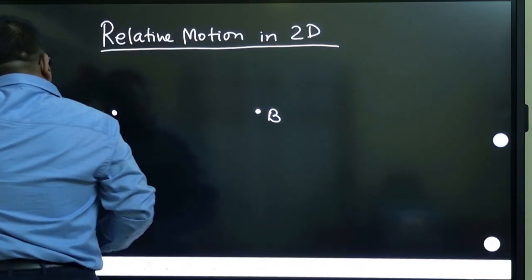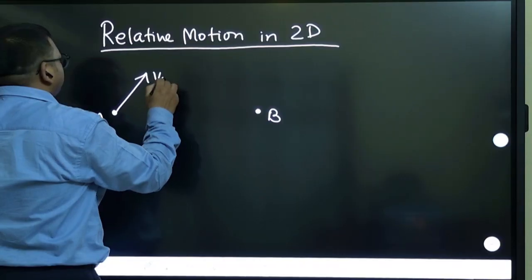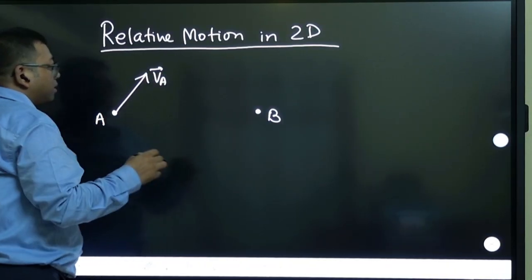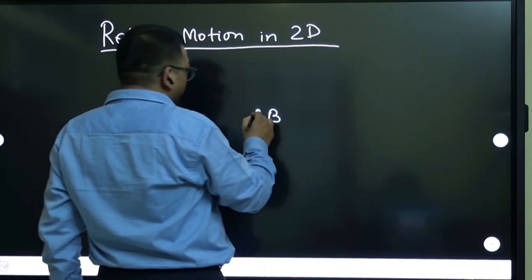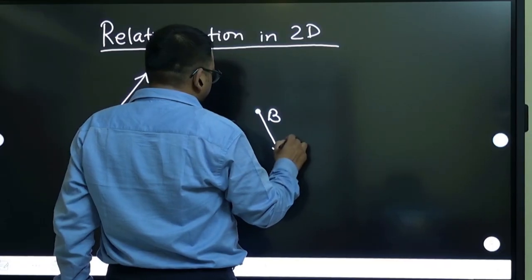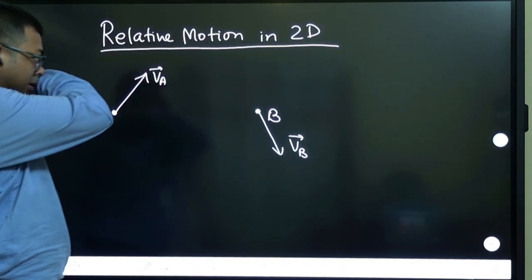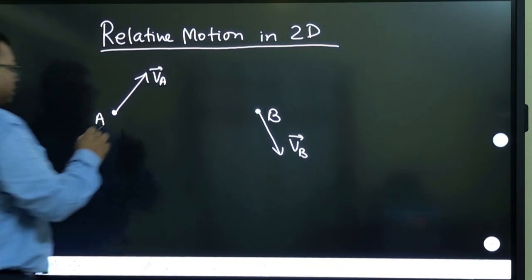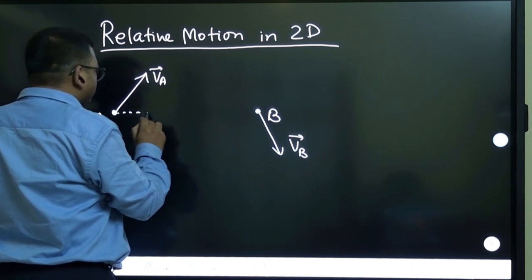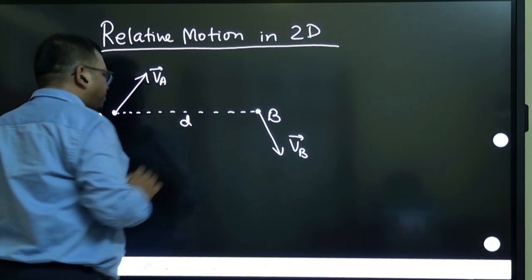So let us say this one moves in some direction with a velocity Va as a vector, and this one can move in any direction, like this direction, let us say Vb vector. These are vectors now, and there is some distance between them.